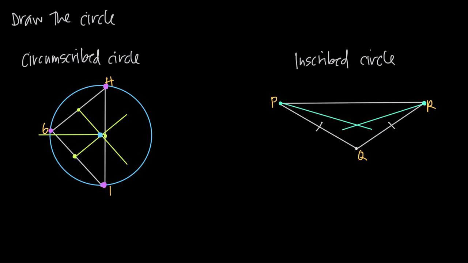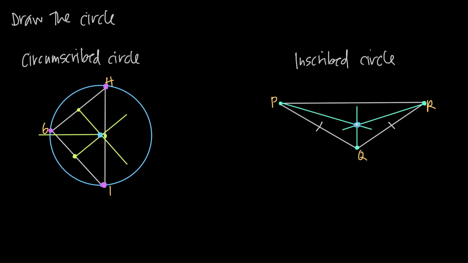And then we want to do the same thing through the angle Q right here. So we draw the line through Q that bisects the angle perfectly in half. And where those three meet each other, the point at which the angle bisectors intersect one another, that'll be the center of the inscribed circle.